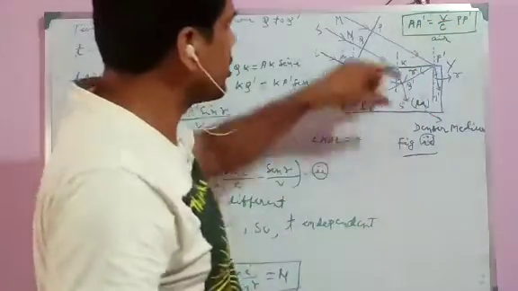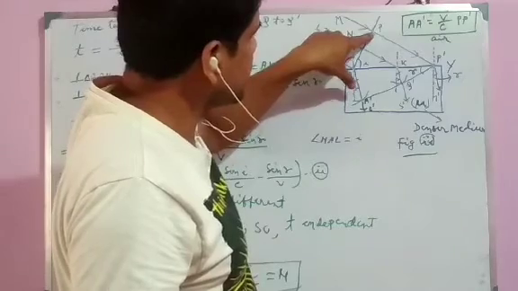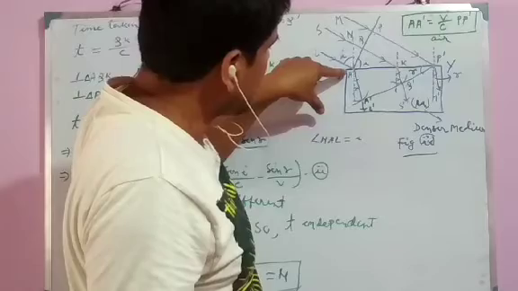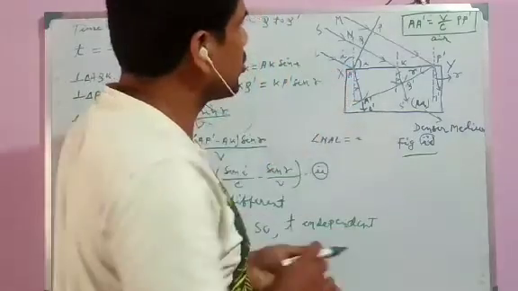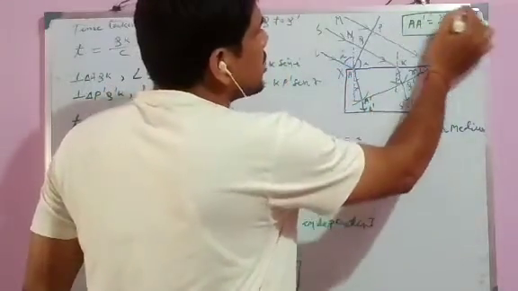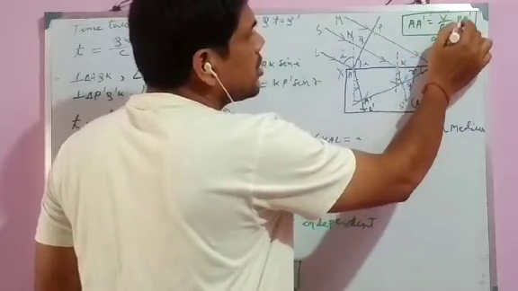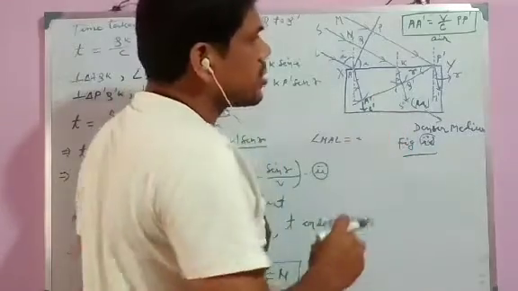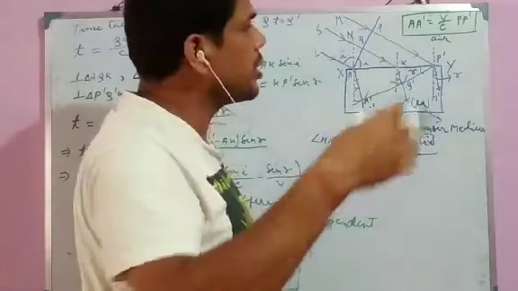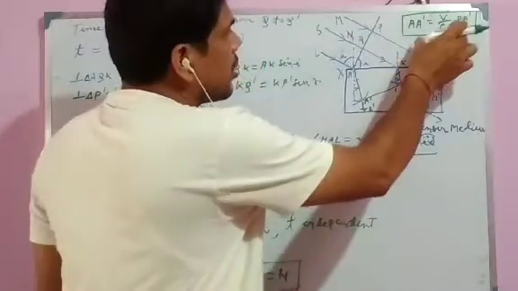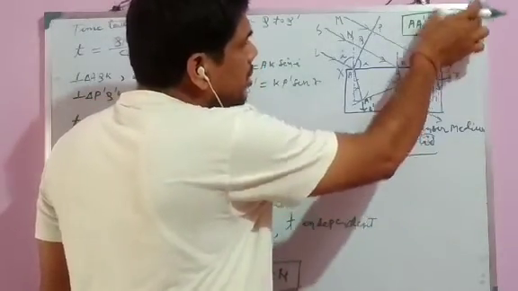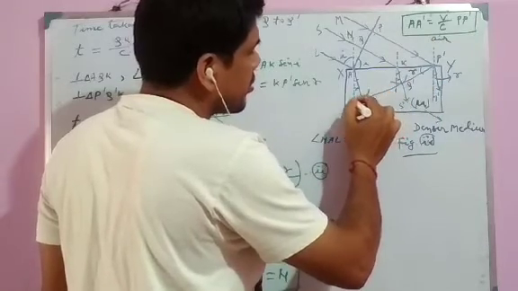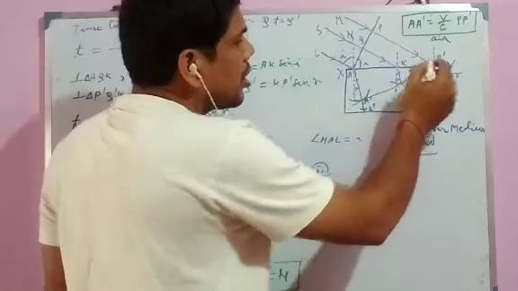Okay, it means when light reaches from P to P', at the same time light reaches from A to A', by using this equation AA' = (V/C) PP'. Here V is the speed of light inside the denser medium and C is the speed of light in air or free space.